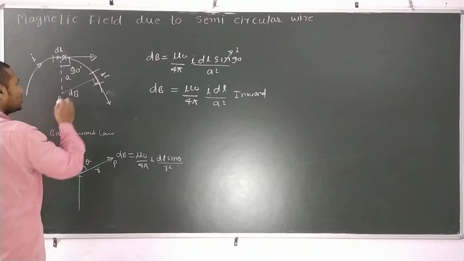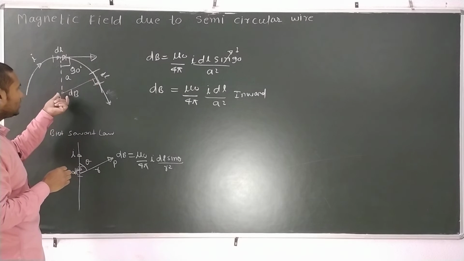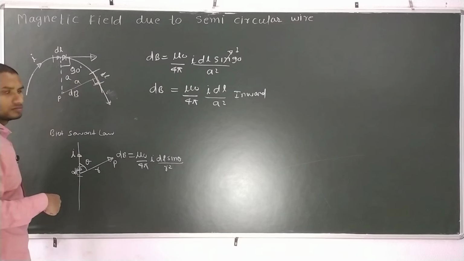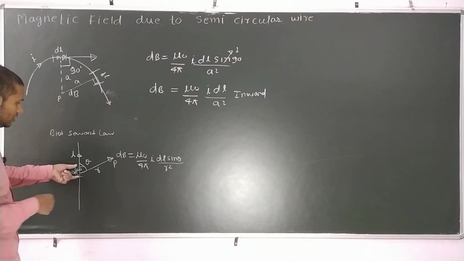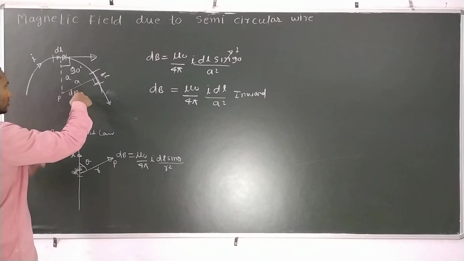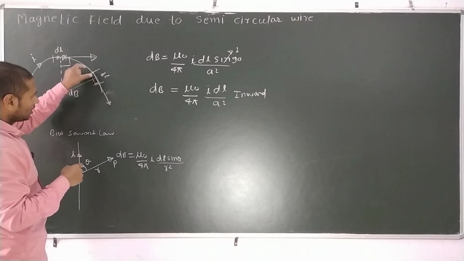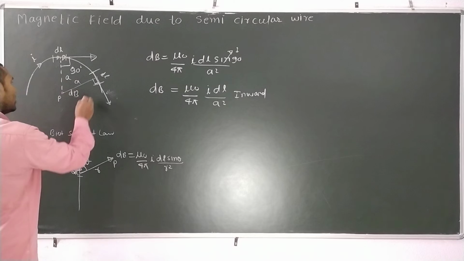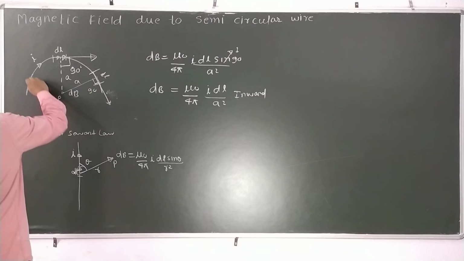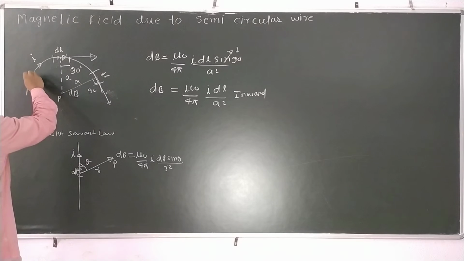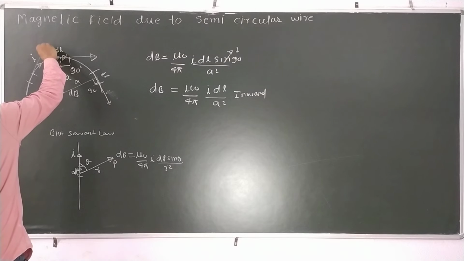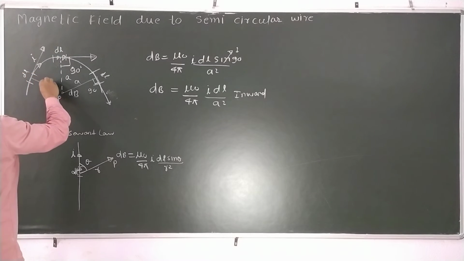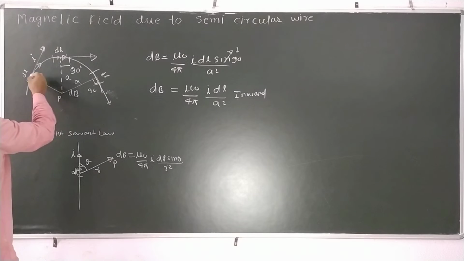Here we see that the distance between dl and point P is perpendicular here also. The angle between dl and r is also 90 degrees. We cut an element here also. This is the direction of dl, and this is r, and they are also perpendicular.